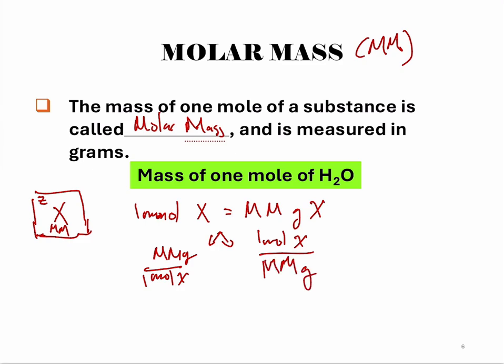And this is how we go between the moles and grams of a substance, right? So without really having gone into too much detail, we've already come up with a way that we can go from the mass you measure in the lab to the number of molecules that are present in that sample. Just from these two ideas, the idea of the mole and the idea of the molar mass.